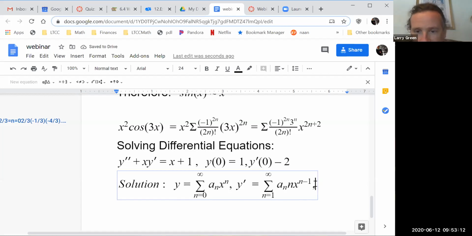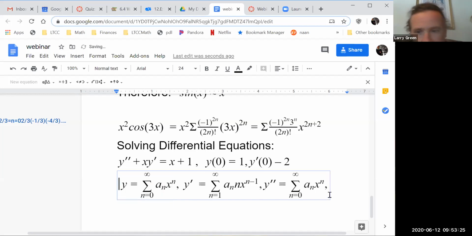And then y double prime is equal to a_n times n times n minus 1 times x to the n minus 2.